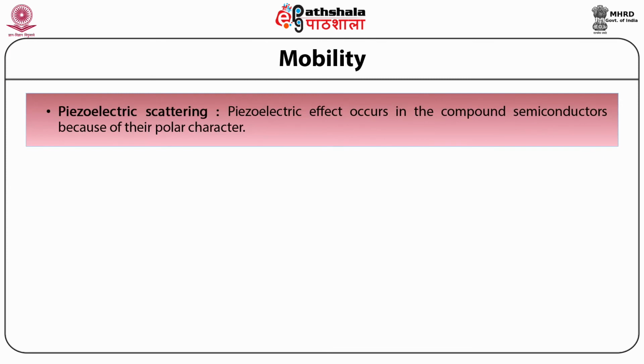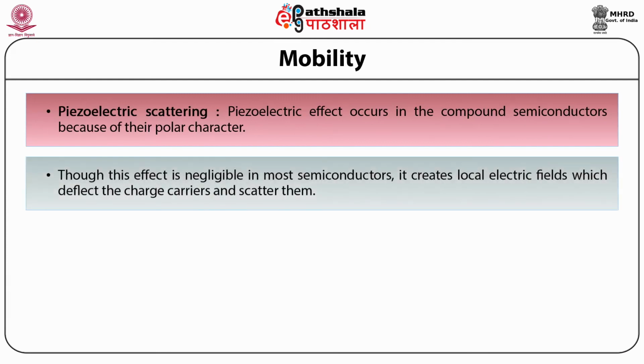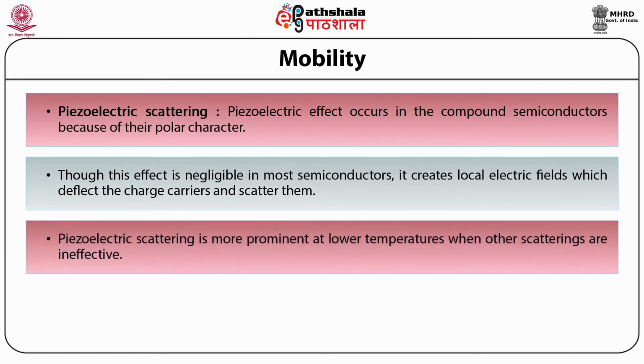Piezoelectric effect occurs in compound semiconductors because of their polar character. Though this effect is weak in most semiconductors, it creates local electric fields which deflect the charge carriers and scatter them.